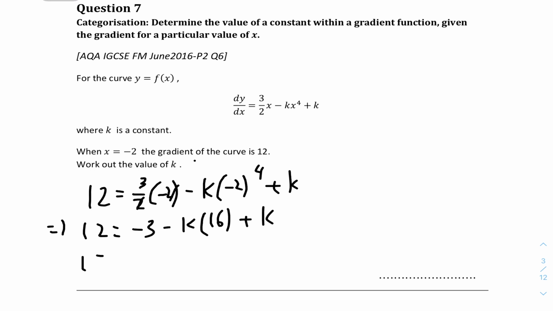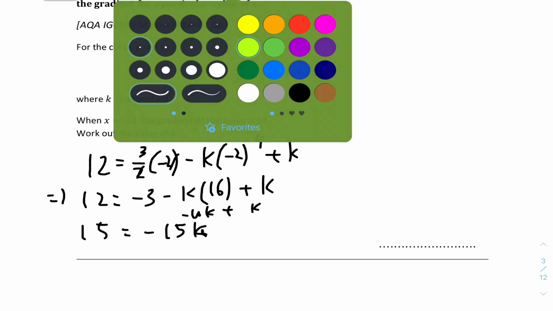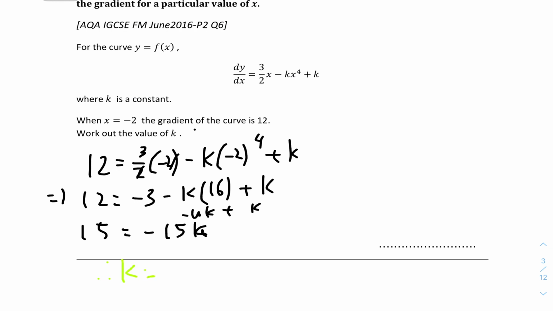So you get 15 equals minus 16k. This will be minus 16k plus k, which is minus 15k. Therefore, if you divide both sides by minus 15, you get k equals minus 1, like so. So k equals minus 1.